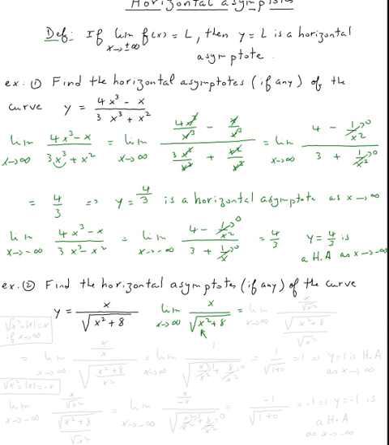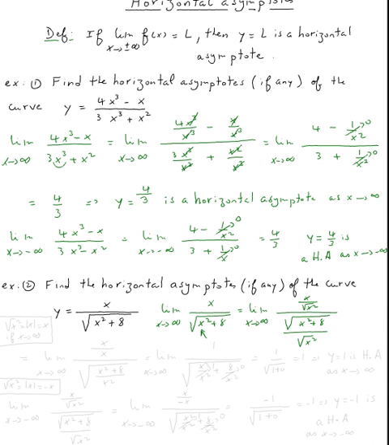Because we have a radical, this is the limit of x over the square root of x squared, over the square root of x squared plus 8 divided by the square root of x squared. This can be confusing, so it's better to do it this way instead of just writing x.